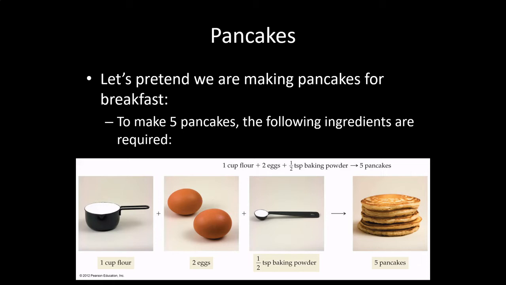So those ingredients come together to give you 5 pancakes. Now that's pretty standard as far as recipes go. Like I said, it's maybe a little simplistic. You can definitely find pancake recipes out there with more than just 3 ingredients. But it gets the point across. We have our flour, our eggs, and our baking powder, and those come together to make 5 pancakes.